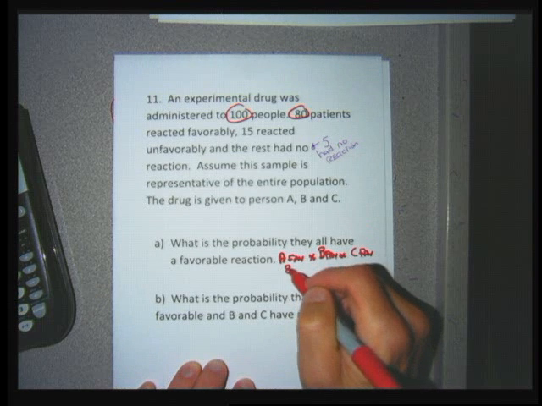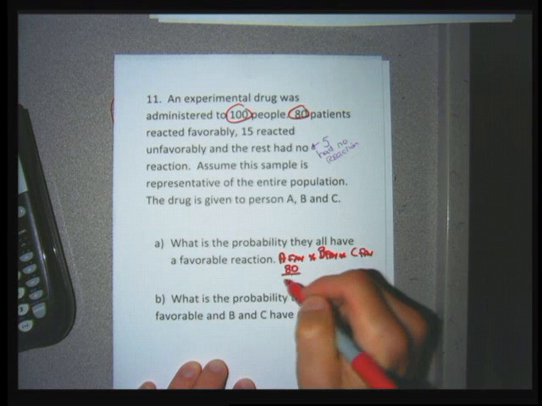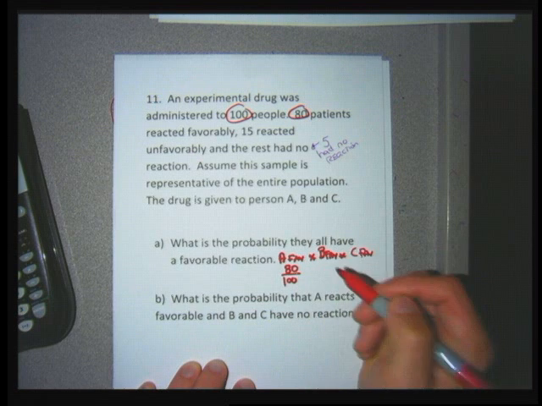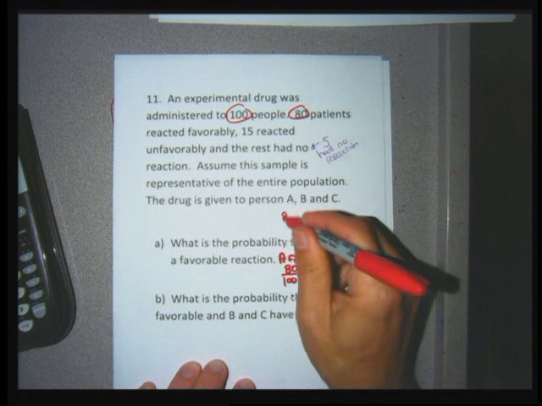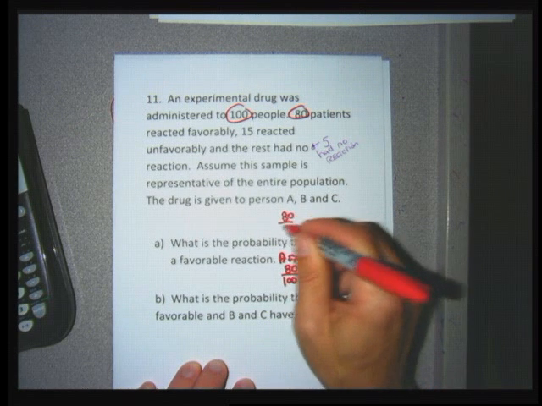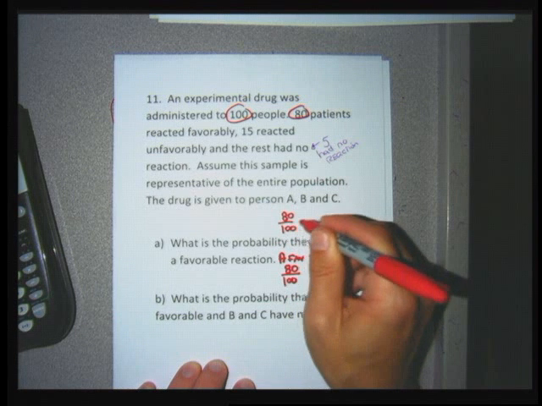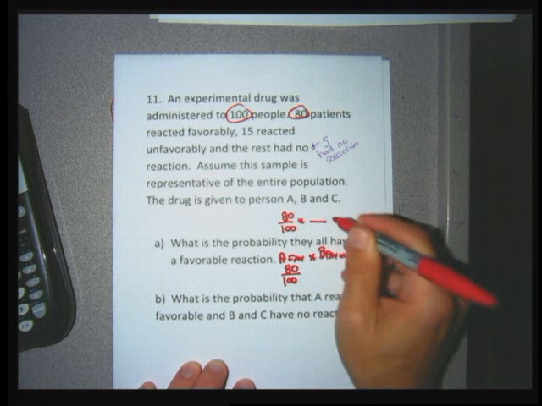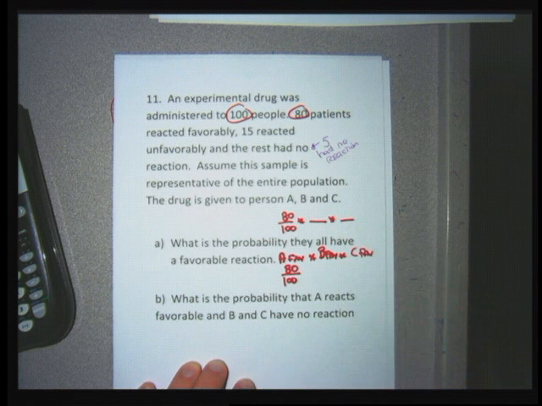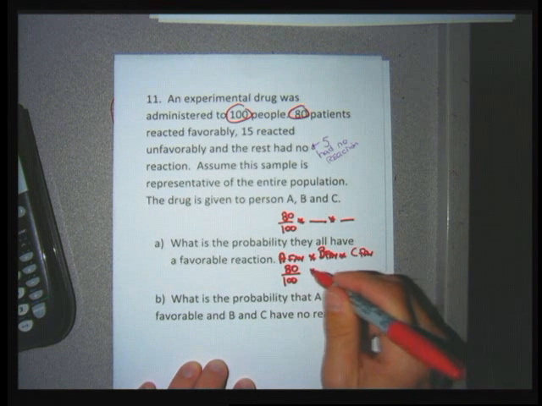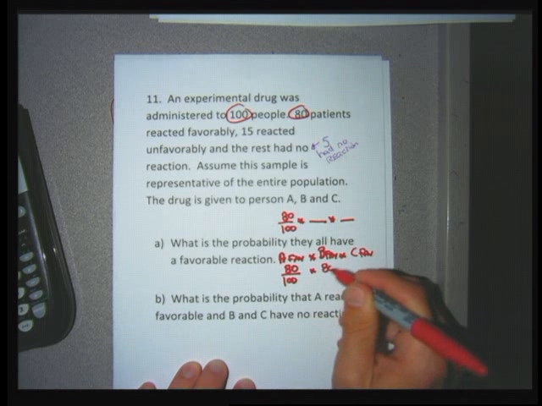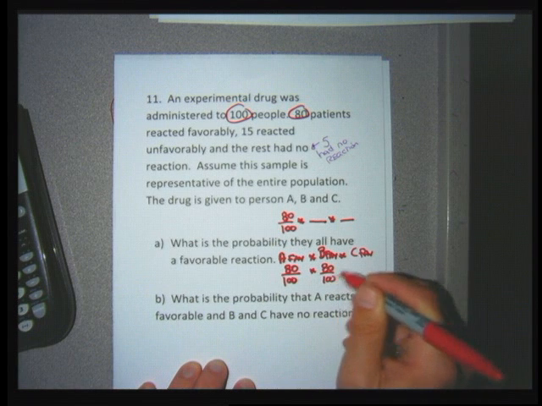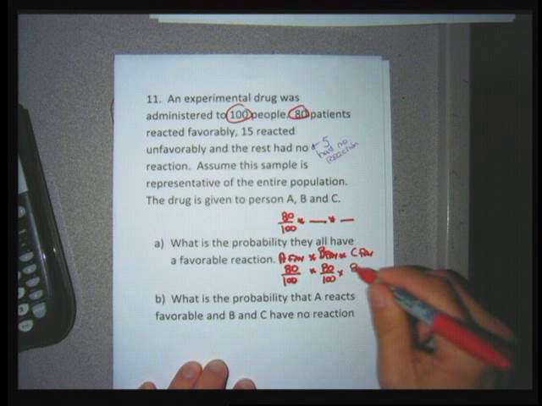So the probability that A is favorable is 80 in 100. I'll write down another answer that I wouldn't want, but I wouldn't take points off for. The probability that B is favorable is still going to be 80 in 100. And the probability that C is favorable is also 80 in 100.